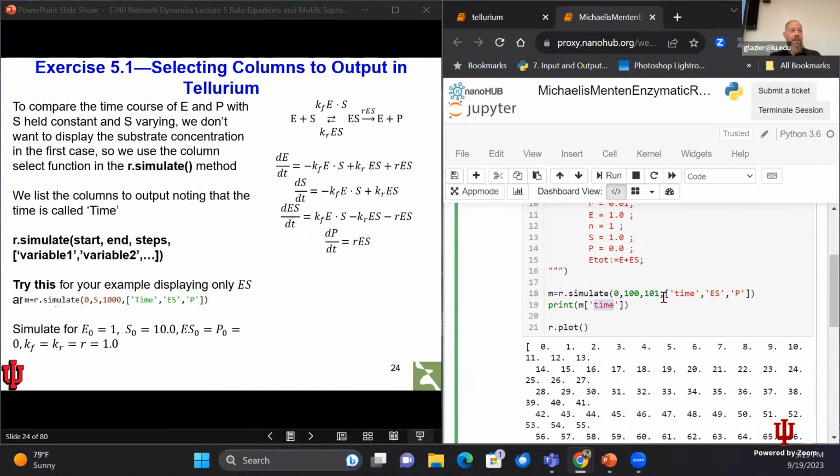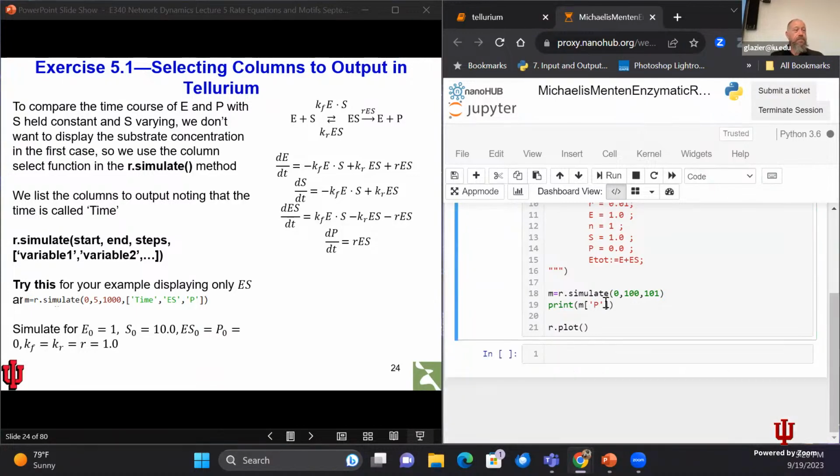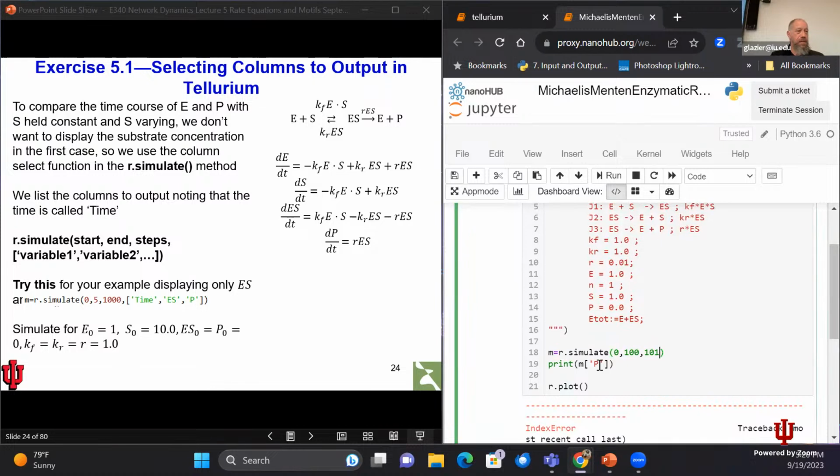So if I do M equals r.simulate for the whole thing, this wasn't in our slides, but I'm going to do it anyway. And now I say, give me the value of P. Let's see, does time work? Time works. Does S work?